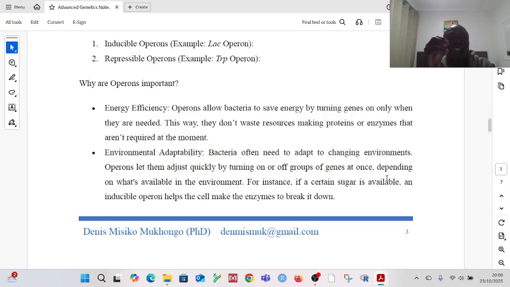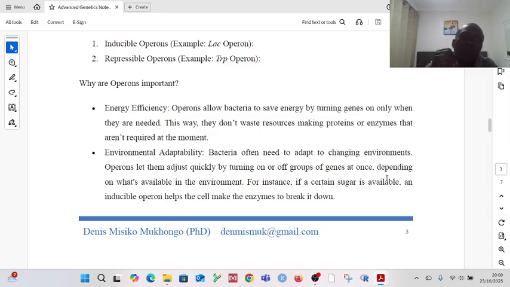So, by virtue of all the genes being either turned on or off, it means then operons will help bacteria to save energy because genes are turned on only when they are needed. So the bacteria cannot produce a protein which is not needed. So kama protein inahitajika, itatengenezeka. Kama haihitajiki, haitatengenezeka. Tutaona hiyo as we proceed.